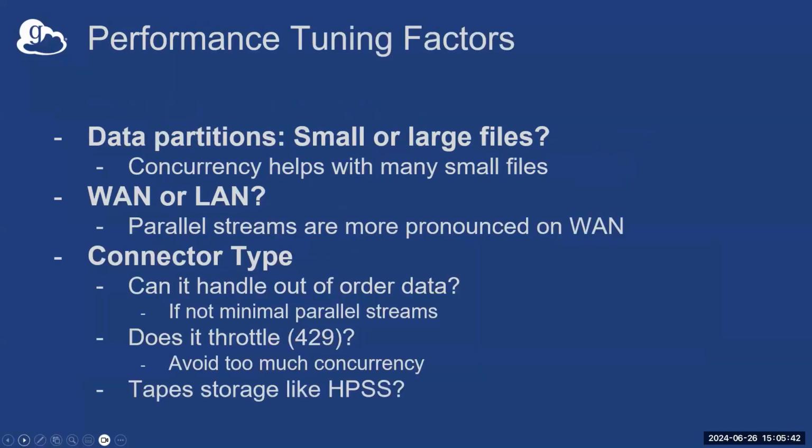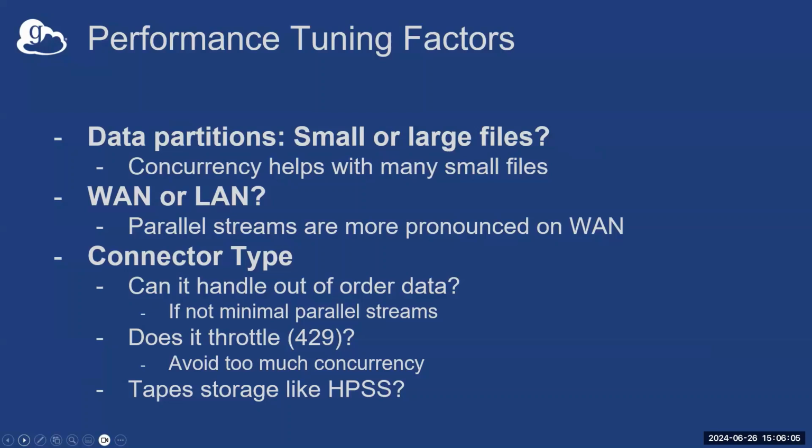When you're thinking about these tuning parameters, here are some things to think about. Is your data partitioned into a ton of kilobyte files or low megabyte files, or is it in gigabyte files? Is it a lot of small files or is it big files? Small files, concurrency is a good thing to look at to help that out. Is it on a wide area network?